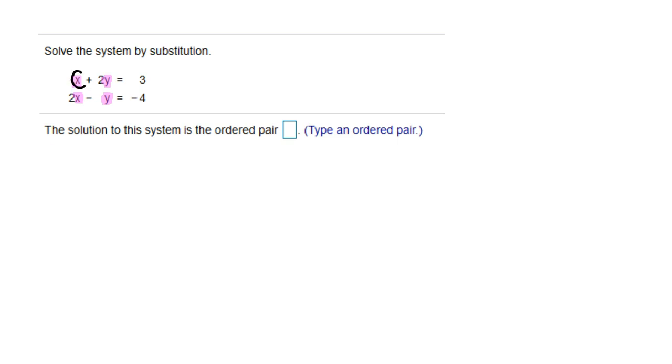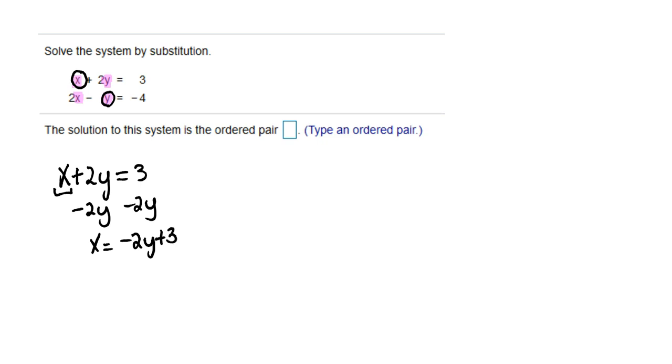So if I choose to solve for this x or this y, you notice they don't have a coefficient on it, and those will allow me to avoid having fractions in my equation. So I'm going to use the first equation, and I'm going to solve for the x. So let's get x by itself. I subtract 2y on both sides. That gives me x equals negative 2y plus 3.